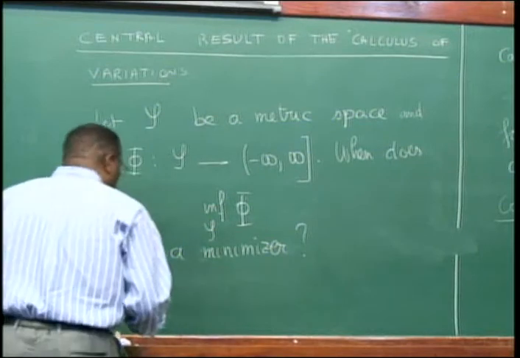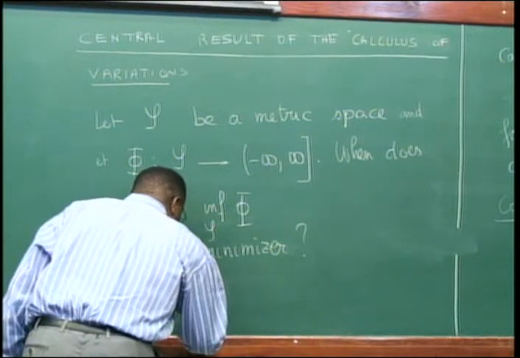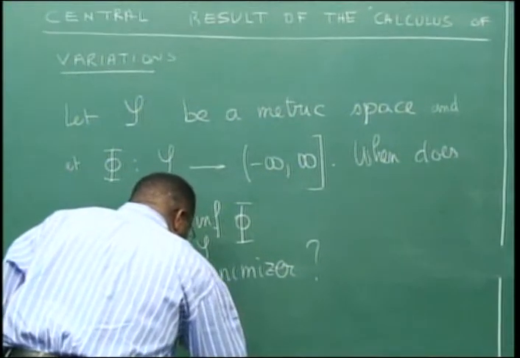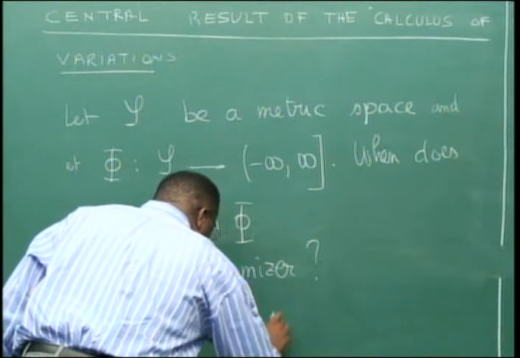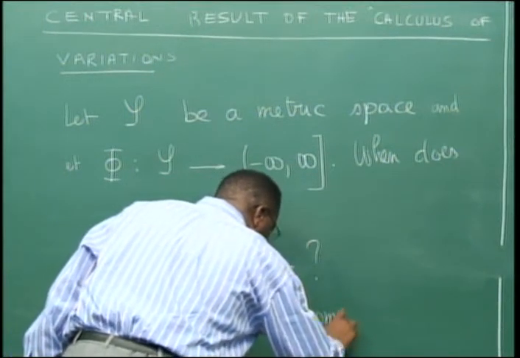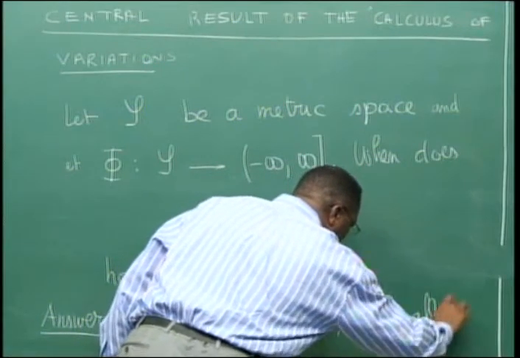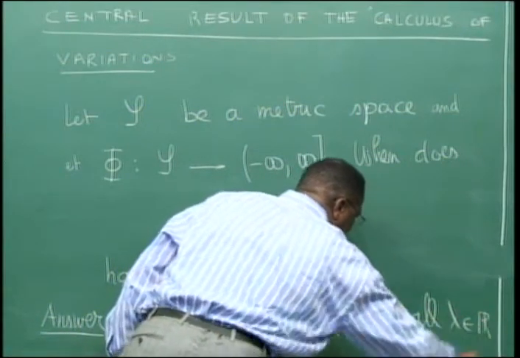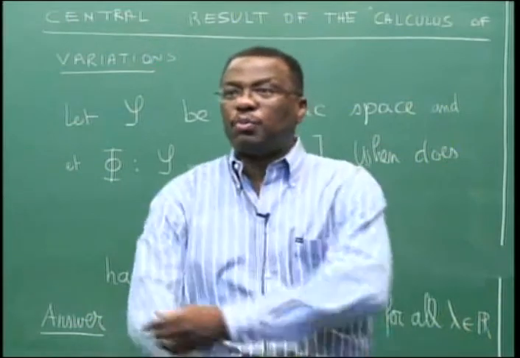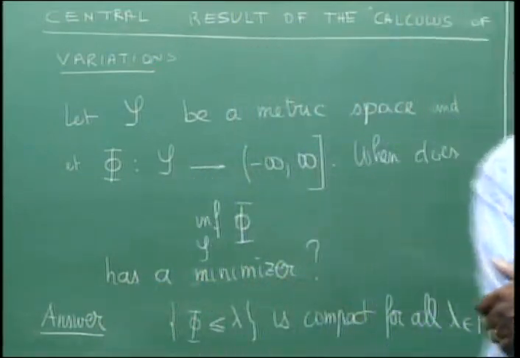It suffices to have that the sublevel set phi less than lambda is compact for all lambda in R. So let us prove that property.